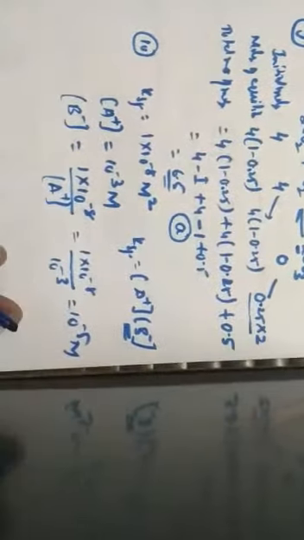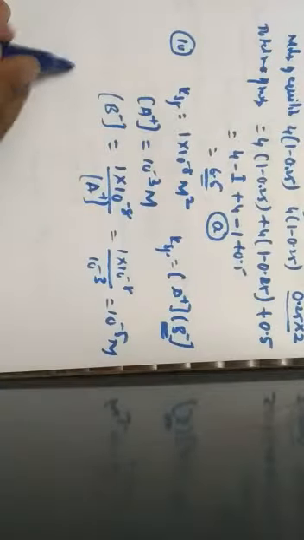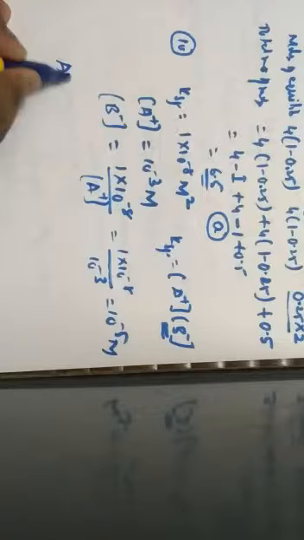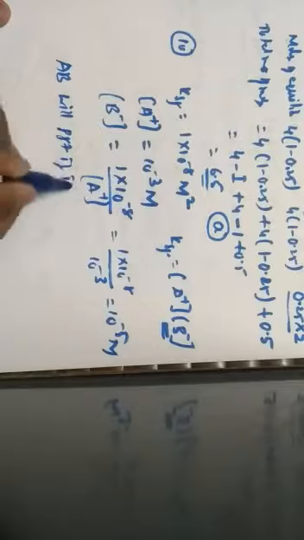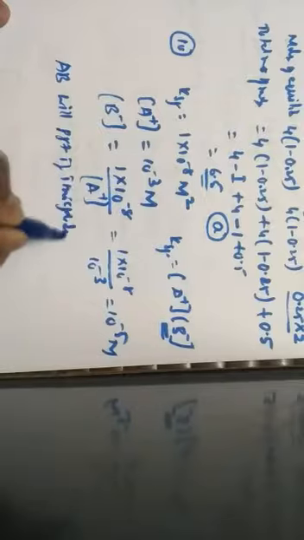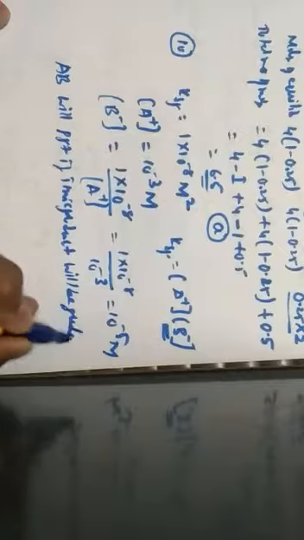So 10 to the power of minus 5 molar. In the previous question that we discussed, question number 8, it is clear that AB will precipitate if the ionic product is greater than the solubility product. So if the ionic product is greater than the solubility product, precipitate will be formed.